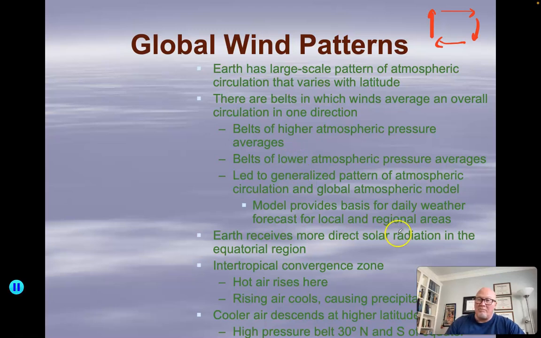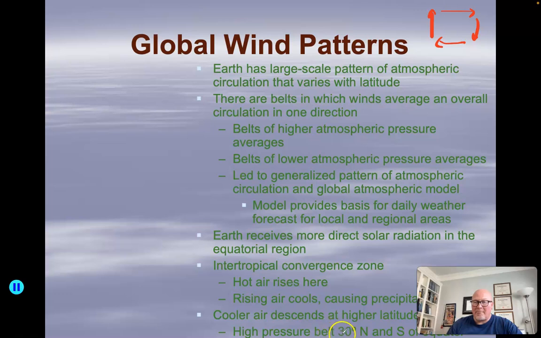So the Earth receives more direct sunlight in the equatorial regions. Okay, in the intertropical areas, you have a convergence area where you've got hot air rising, it cools, and then it causes precipitation and falls. Cool air descends at higher latitudes, so moving towards the poles.